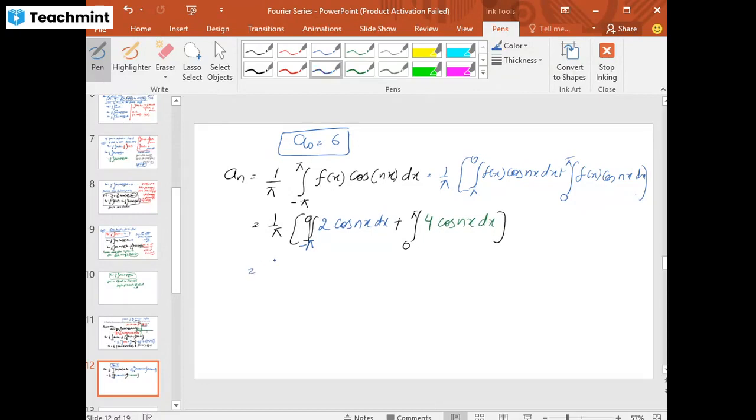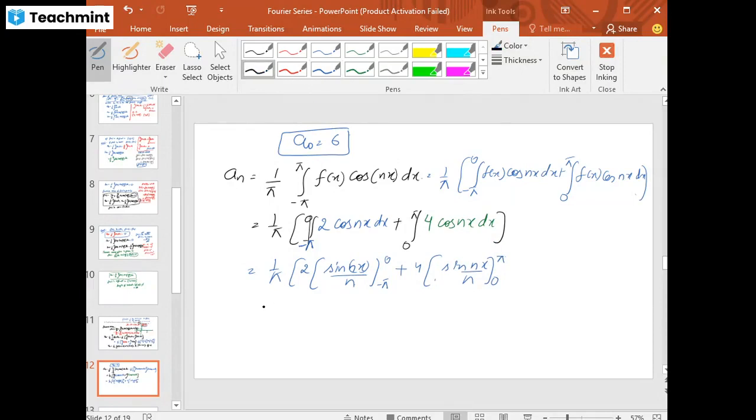So this is equal to 1 by pi. 2 is constant. The integral of cos nx is sine nx upon n in the interval minus pi to 0, and 4 is again constant taken outside. The integral of cos nx is sine nx upon n in the interval 0 to pi.